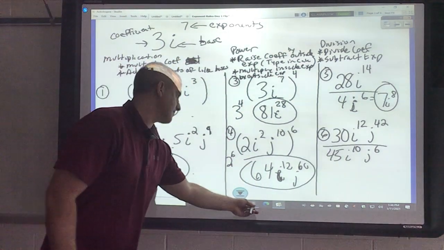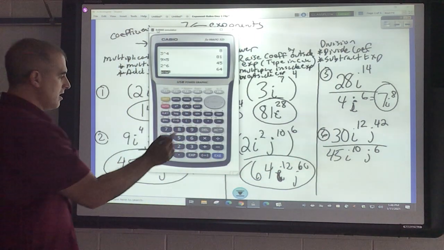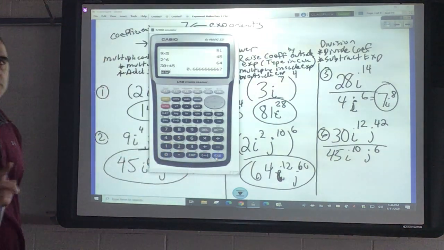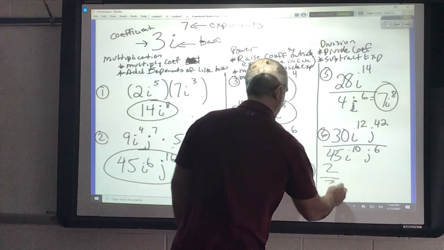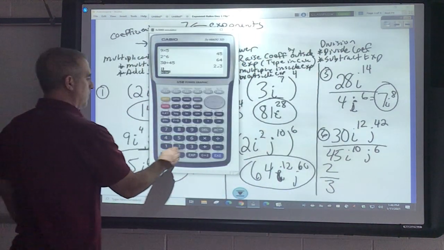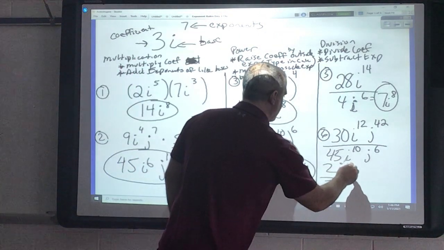This one, division. I want to divide 30 divided by 45. Now, we want a fraction here. So if I do that fraction, that's going to be 2 over 3. I'm going to subtract my exponents. 12 minus 10. So for the i's would be 2. I keep that up top here.